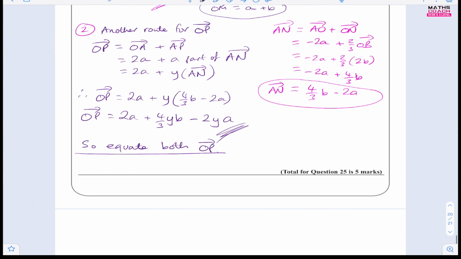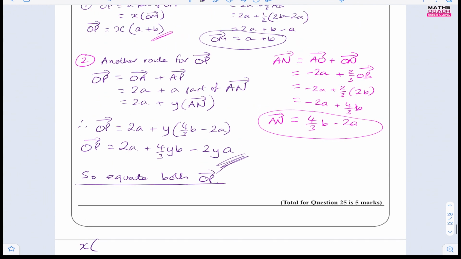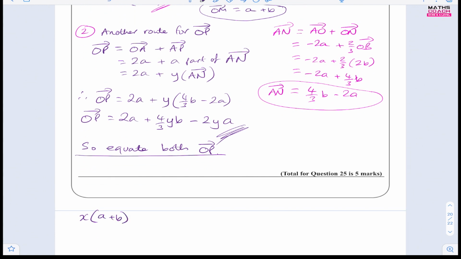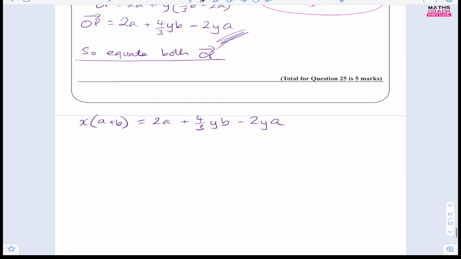Okay, so the first one we had X bracket A plus B, and that would be equal to 2A plus 4 over 3YB minus 2YA. And now what I'll do is expand the first side here, so I get XA plus XB is equal to 2A plus 4 over 3YB minus 2YA.